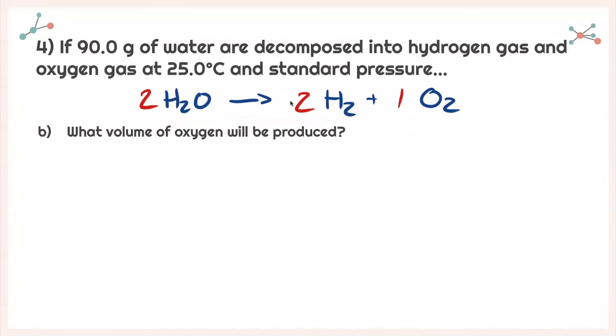So according to my balanced chemical equation, I'm going to have twice as many moles of hydrogen gas as I'm going to have of oxygen gas. Knowing that, I can say that my volume of hydrogen is going to be twice as much as it is going to be for my oxygen gas. So knowing that, I can say that my volume for oxygen is just going to be 61.0 liters.